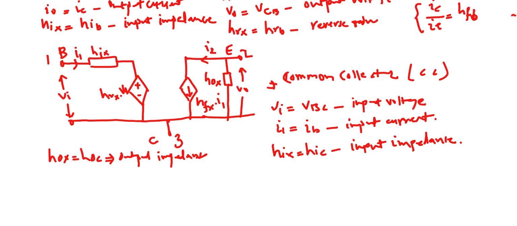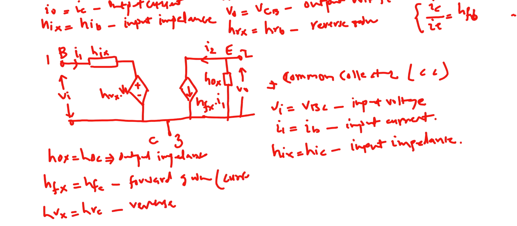Then you have HFX, which is HFC, and this is your forward gain. And then you have HRX, which is HRC, your reverse gain. This is current gain actually. Current gain, and this is voltage gain. Okay, and this is the reverse voltage gain.